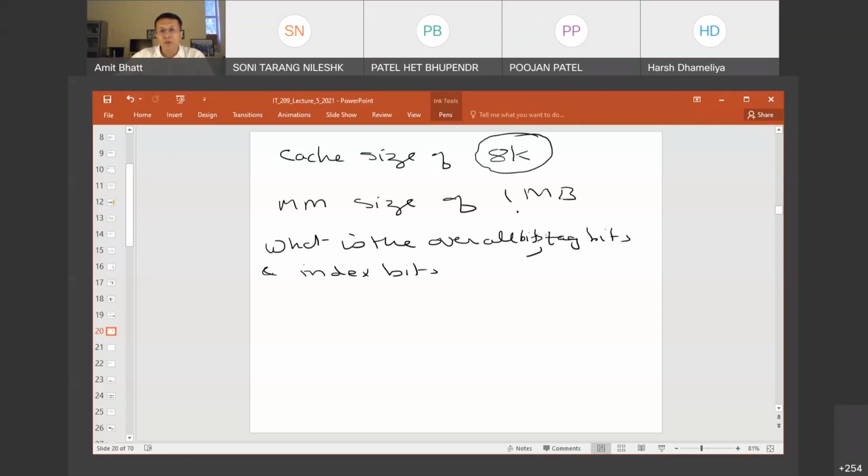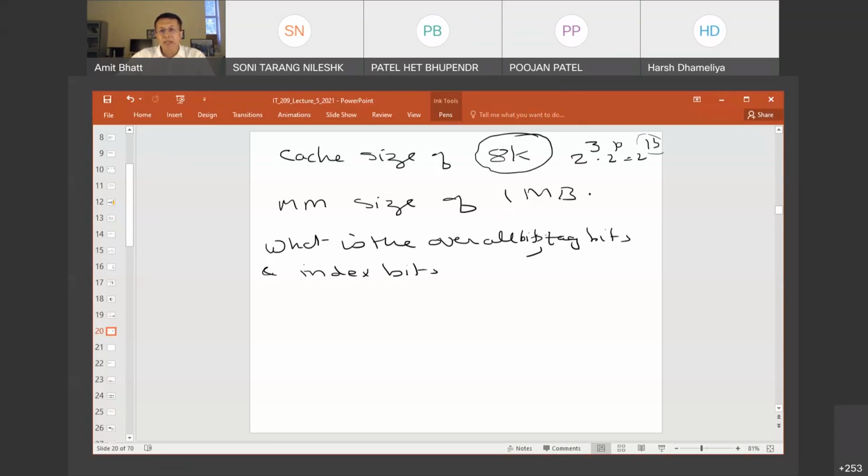So you can do things very clearly. 8 is 2 raised to 3 times 2 raised to 10, so that is equal to 2 raised to 13. That means 13 bits are required to address each and every address of cache.